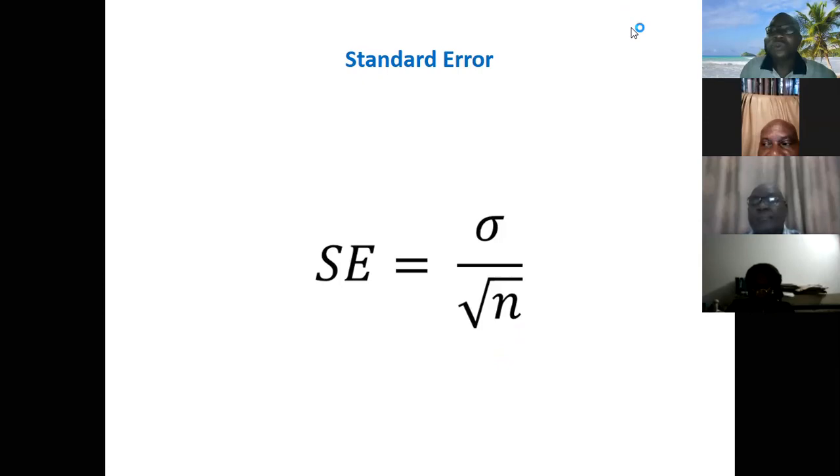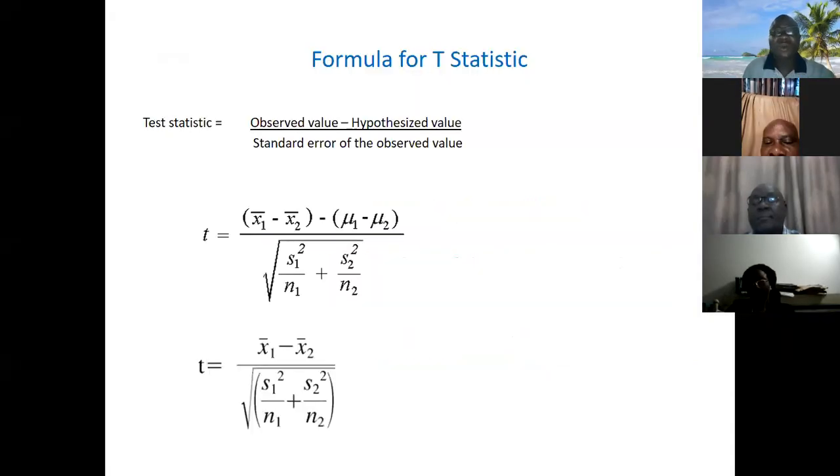Now, I want to go back to what we were discussing before. When you look at the difference between your observed and your expected, you want to divide it by the inherent variability. What is the inherent variability?